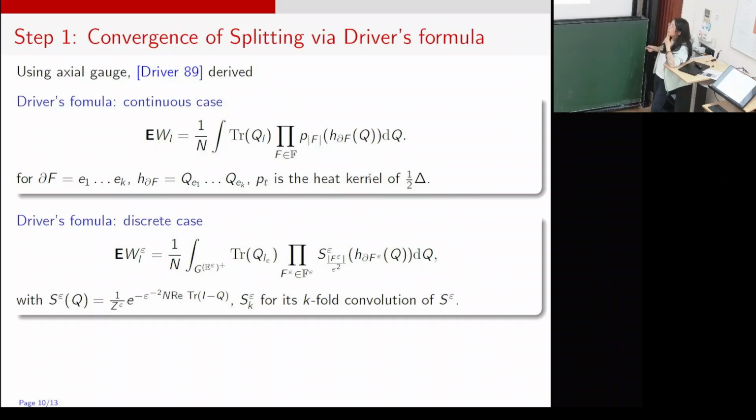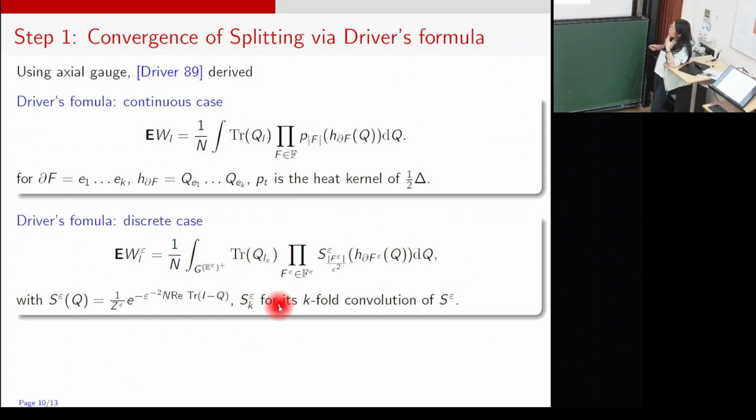In the discrete one, we also have the discrete version of Driver's formula. In this case, we can replace this heat kernel by this convolution of these Wilson actions. So this S epsilon is just this action function. But in this case, we can just view it as a transition probability from the identity to Q for the random walk.